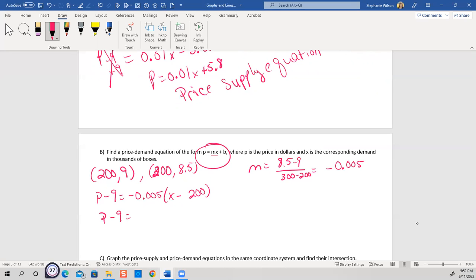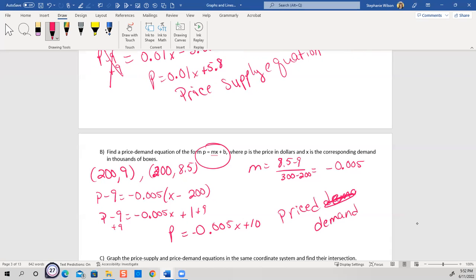I'm going to distribute this negative 0.05 to everything inside here. And then I'm going to add the 9. So now I get this equation, which is the price demand equation.